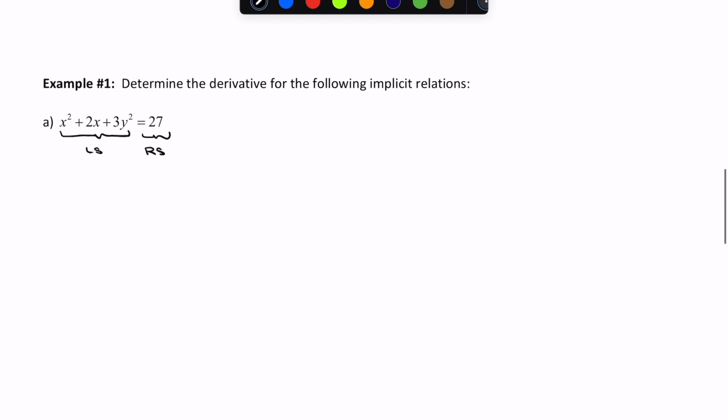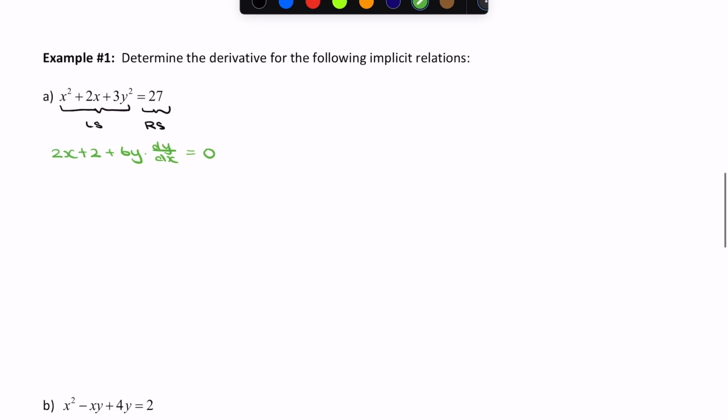If we derive the left side, we have 2x plus 2 plus 6y. Because we're deriving the y as well, we have our dy over dx, and the derivative of a constant is equal to 0.